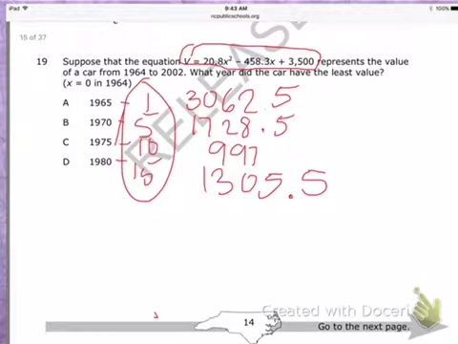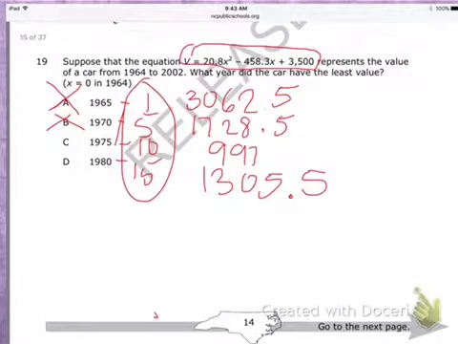Okay, so when you plug in those numbers, the ones circled next to the answer choices, for A you end up with 306.25, which is obviously not the biggest number, so let's cross out A. And B is 1728.5, which is obviously not the least.